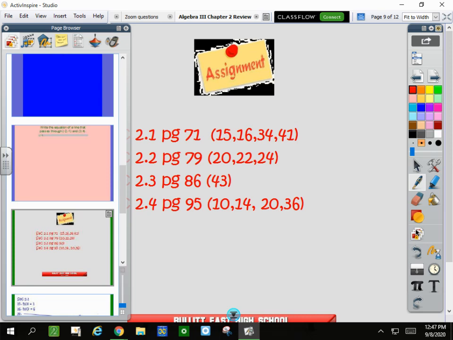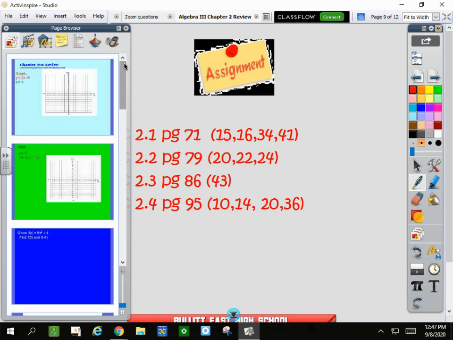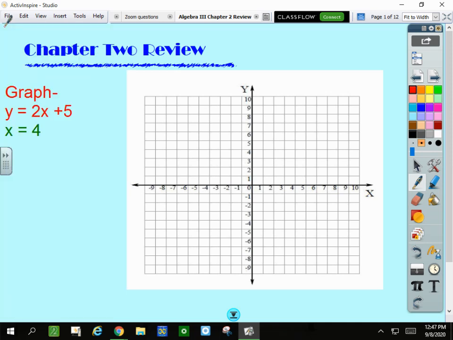So back to the first slide. This chapter is about graphing a little bit and writing equations of lines. It's really a good ACT review. If you remember when I did the chapter 1 overview, I said there were reasons. It's skills we'll use in Algebra 3. It's on the ACT if you're taking that.